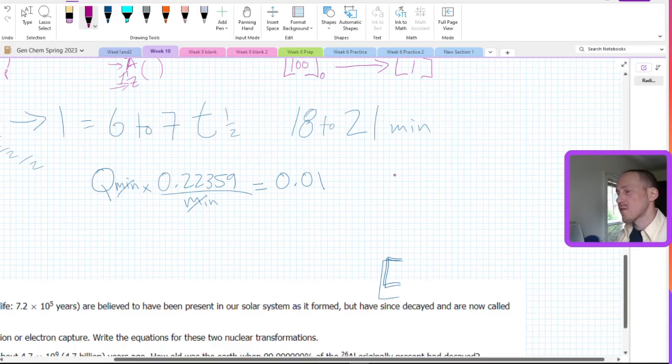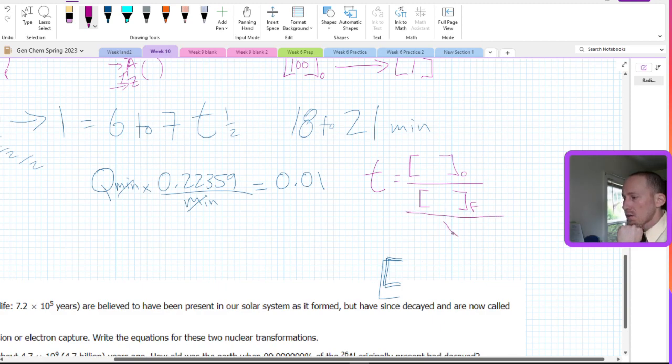This is what it is. For our half-life, so our time for this, we want our concentration of initial compared to where we're at now for our final. It's that ratio divided by the rate. So if this was 1, the final is going to be 0.01.